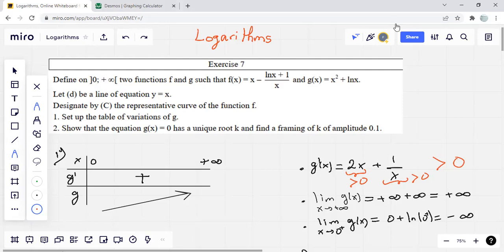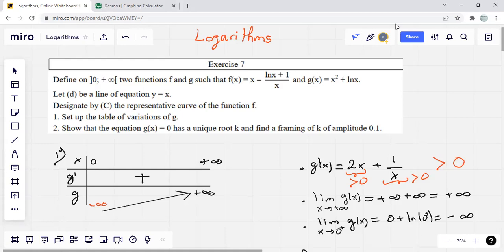So we have a plus infinity here. And when x goes to 0 plus, then x squared will be 0, and ln x, as x goes to 0 plus, will be minus infinity. We took these from the properties. So this will be the table of variation of g.